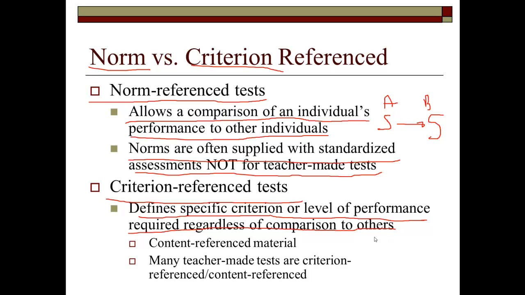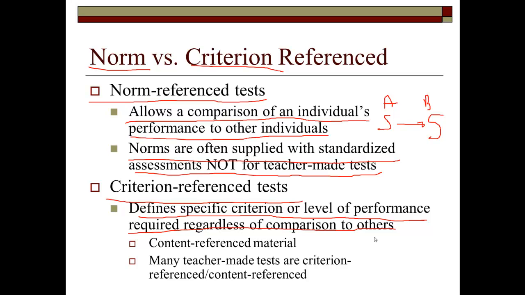For example, I've been told, and I certainly stand to be corrected, but the people who told me this, I trust what they tell me, and I don't think they'd be lying to me. In the case of the LPN licensing exam, it is kind of like a norm reference test.